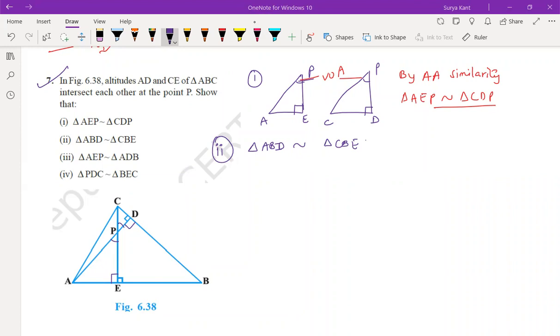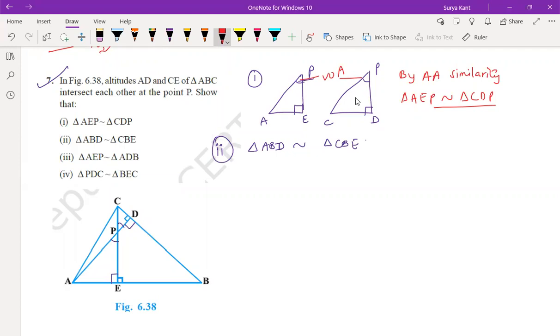Chanchal, we are not able to hear you. Can I tell? Okay, tell, Samarth. Let me just draw the diagram, this becomes easier.